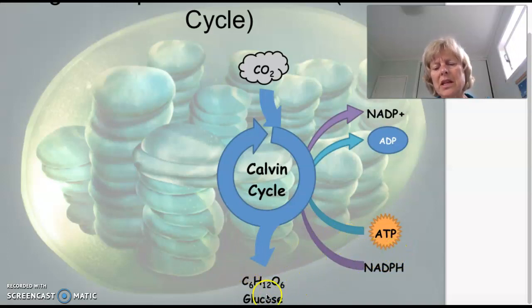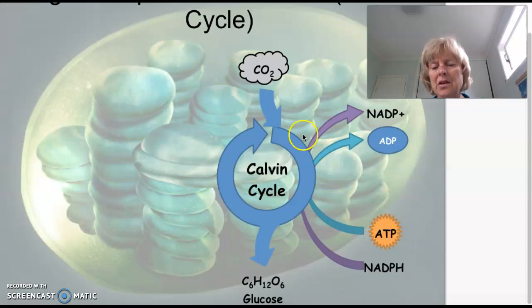And this is a process that takes energy because one molecule of glucose is quite a complex molecule with quite a lot of bonds, and it holds a lot of energy, whereas carbon dioxide is a very simple molecule and holds very little energy. So where does this extra energy come from that gets put into this glucose molecule? It comes from the ATP that has been made in the light-dependent reaction.